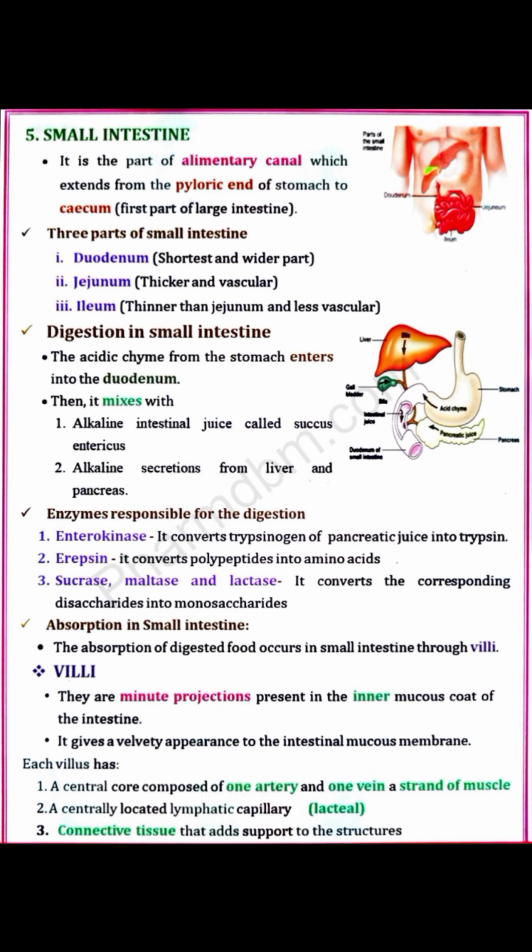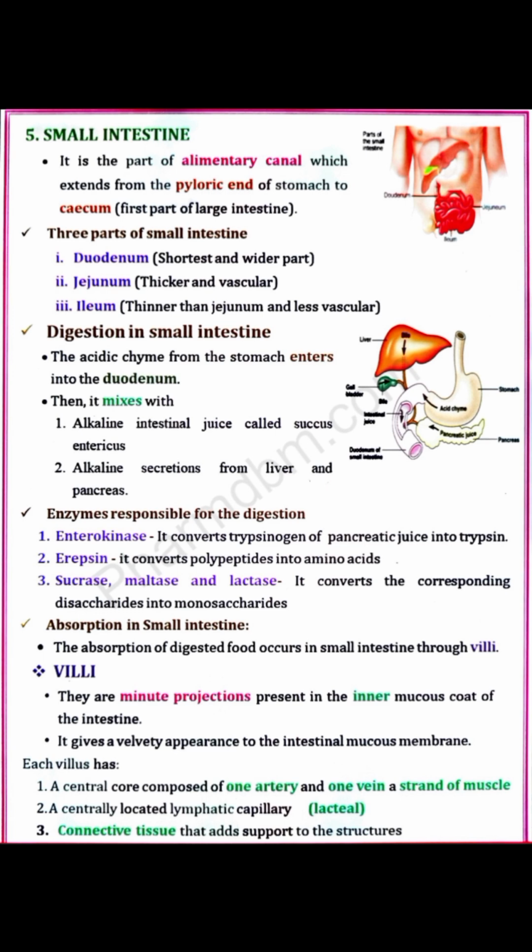Digestion in small intestine. Acidic chyme from stomach enters into the duodenum. Then it mixes with the alkaline intestinal juice called succus entericus, and alkaline secretions from the liver and pancreas.